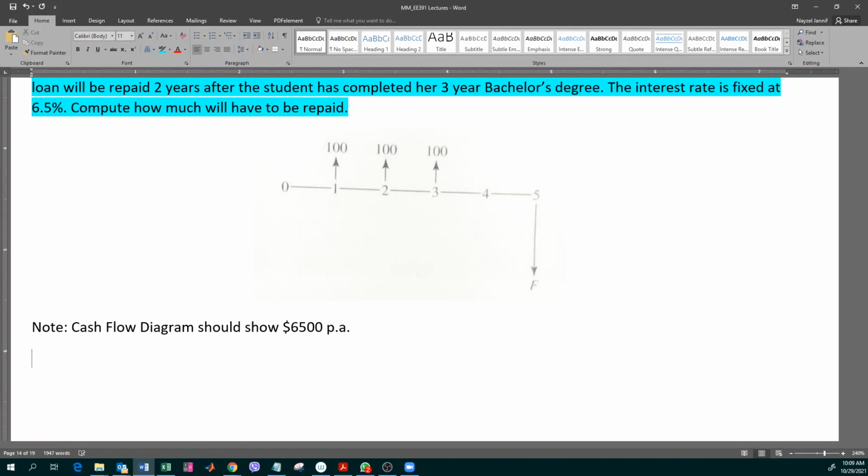So the final future value will equal F1 plus F2 plus F3, whereby F1, F2 and F3 are from each of the years. Now, what is F1, guys? How do we calculate F1? What formula do we use here?